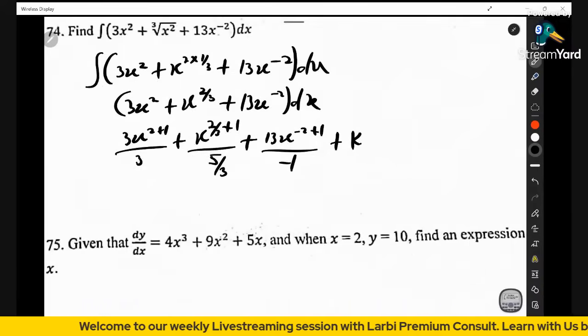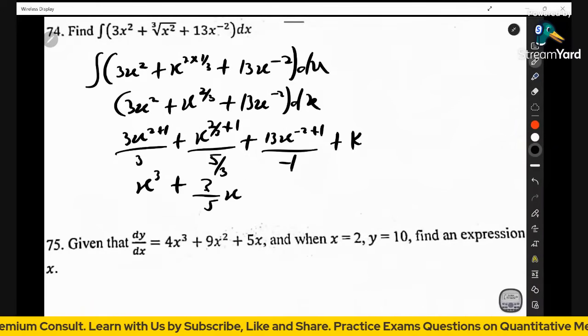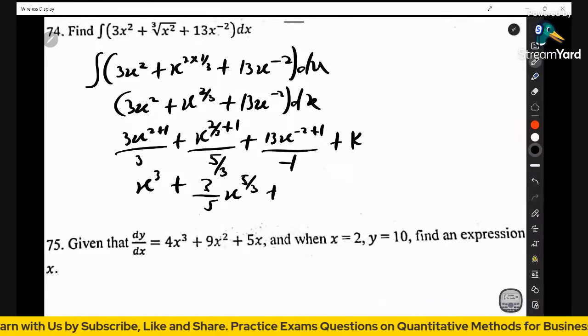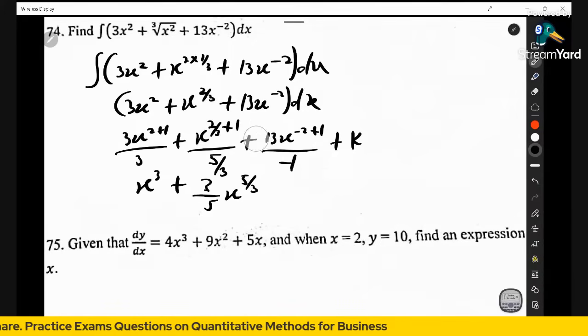So what are we getting? We have x cubed, plus, so you find the reciprocal of 5 over 3, we are getting 3 over 5 x to the power 5 over 3 plus, so here, since it is negative, it's going to affect it, making it negative.